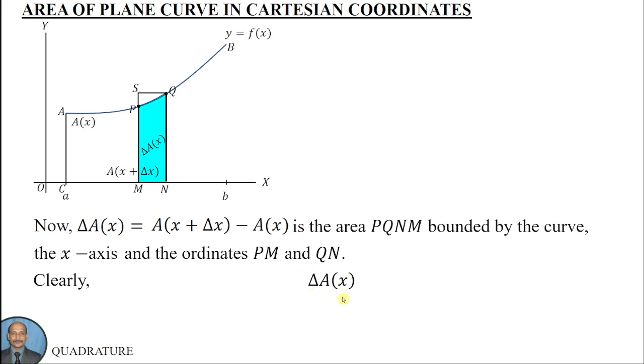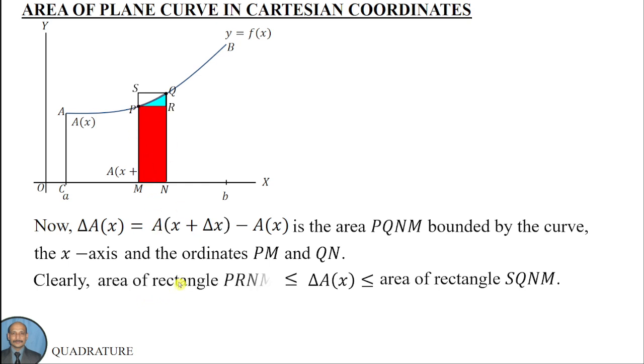So delta A(x) is less than the area of the rectangle SQNM, and this strip area, delta A(x), is greater than the inner rectangle PRNM. So delta A(x) is greater than the area of the rectangle PRNM.